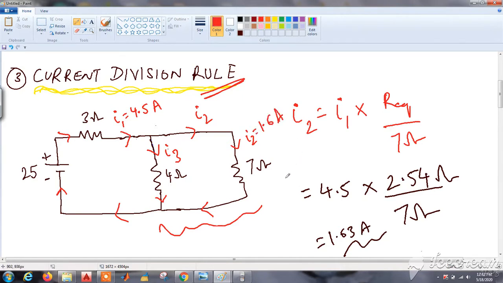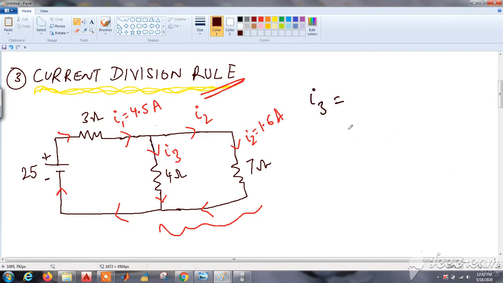Now let us similarly apply the current division rule and find out the current I3. According to the current division rule, I3 will be the source current, that is I1, times R equivalent, that is 7 ohms parallel 4 ohms or 4 parallel 7 ohms, both are the same. Because they are connected in parallel, we do 4 parallel 7, divided by the resistance in which I3 is flowing. I3 is flowing in 4 ohms of resistance, so 4 ohms. R equivalent we know, we got 2.54. So let us substitute all.